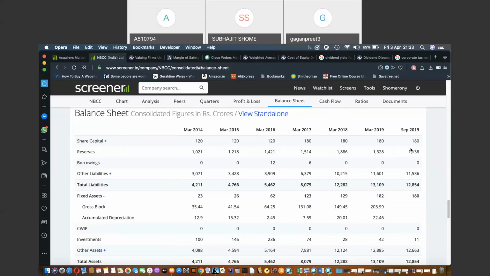So minus capex is minus 6. Then it is the same 459 only.